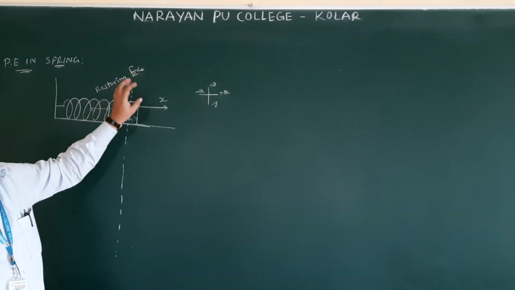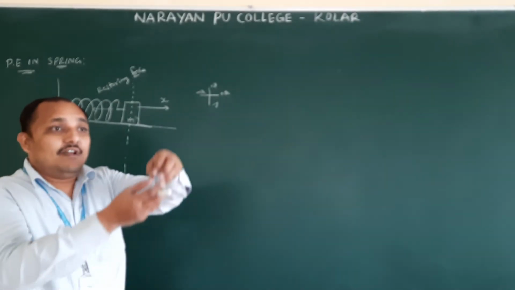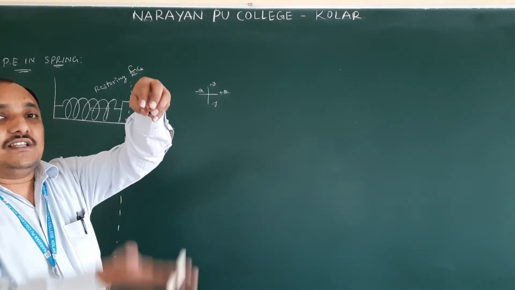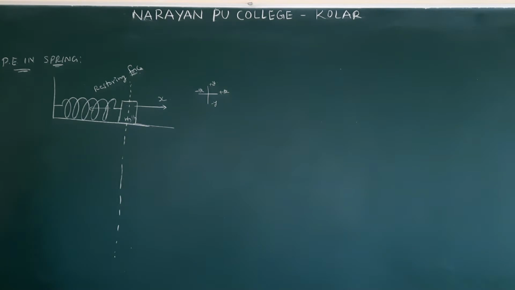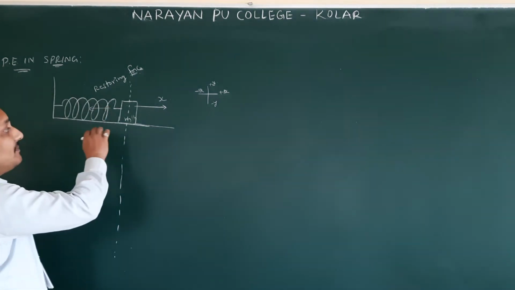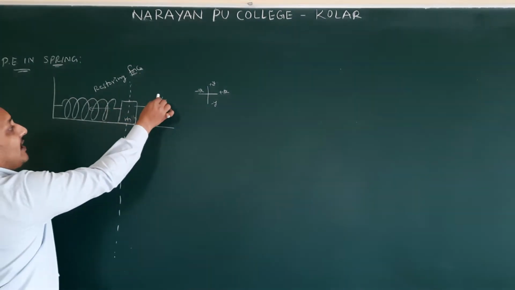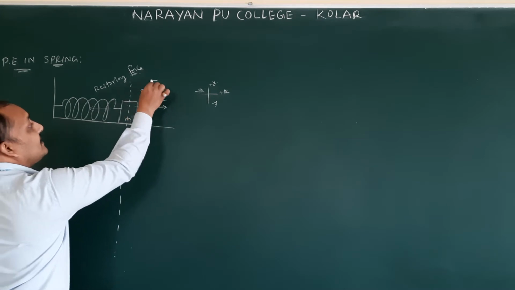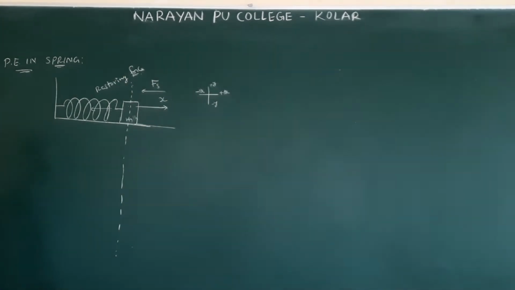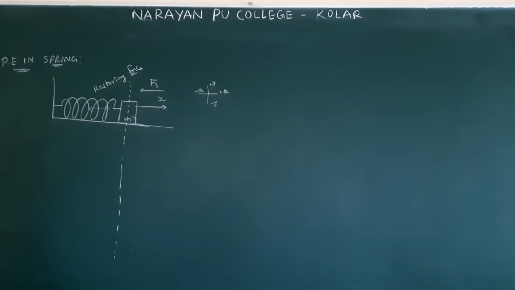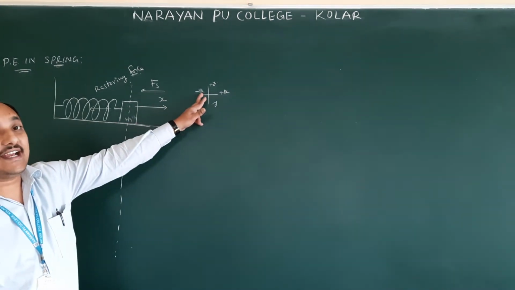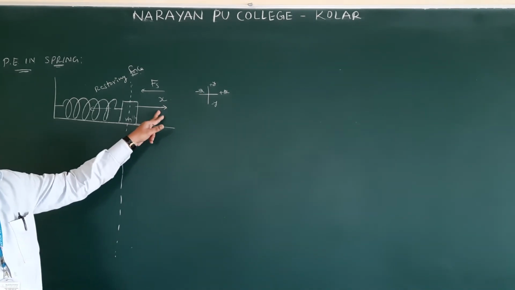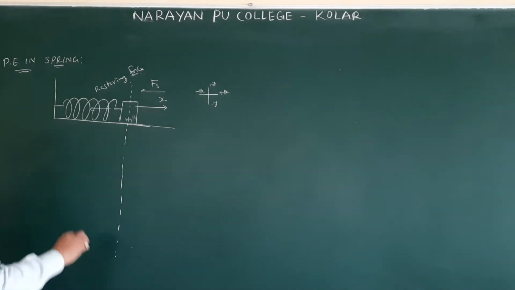The restoring force will develop within the spring, quite opposite to the elongation. So this is nothing but either spring force or restoring force. So the spring force is in the negative x-axis direction, and the elongation is in the positive x-axis direction.